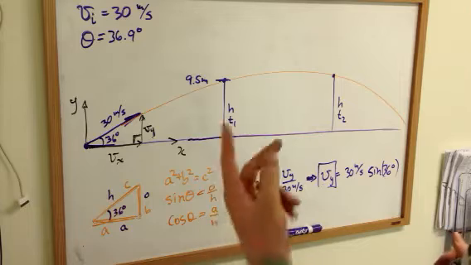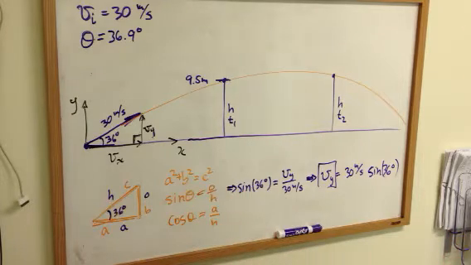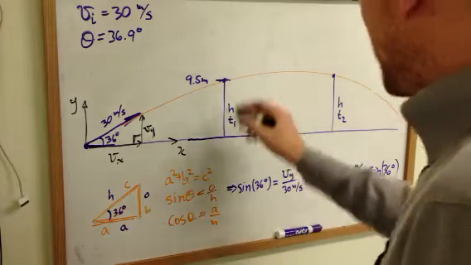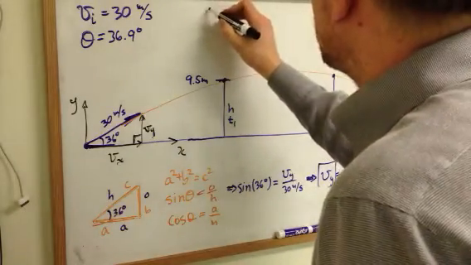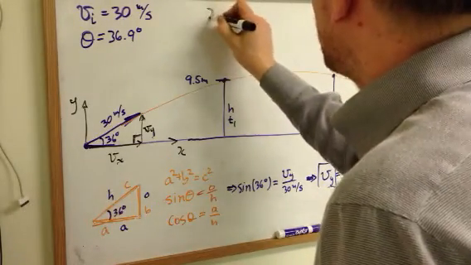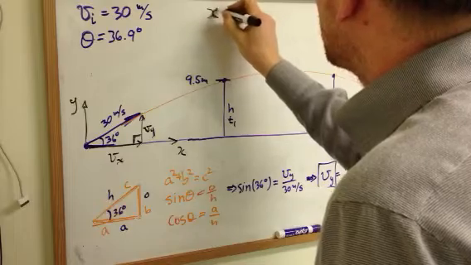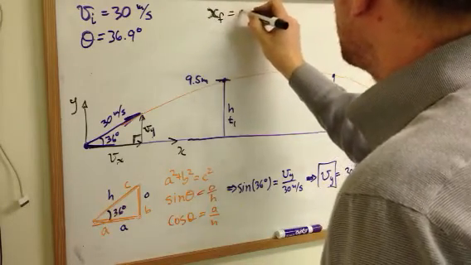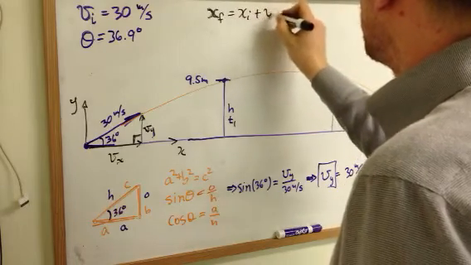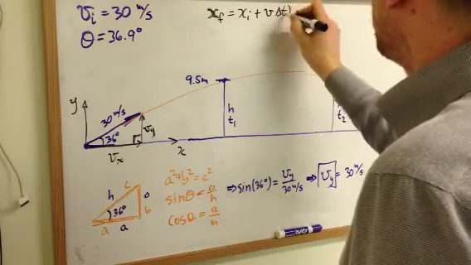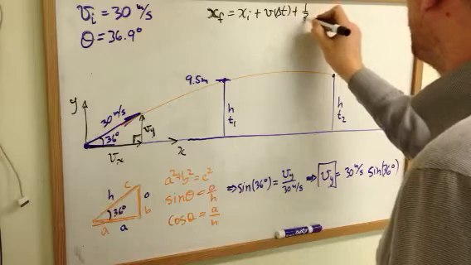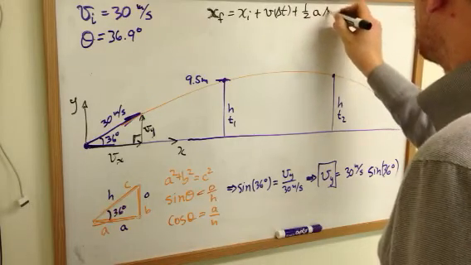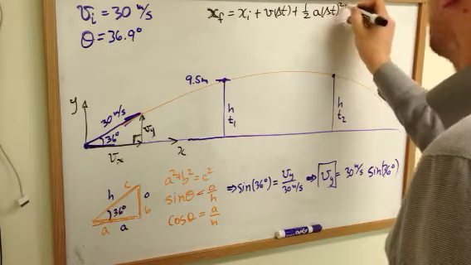We want to find times. We have an initial velocity, and we have positions. This is the dreaded, most complicated kinematic equation: x final is equal to x initial plus velocity times delta t plus 1/2 a delta t squared.